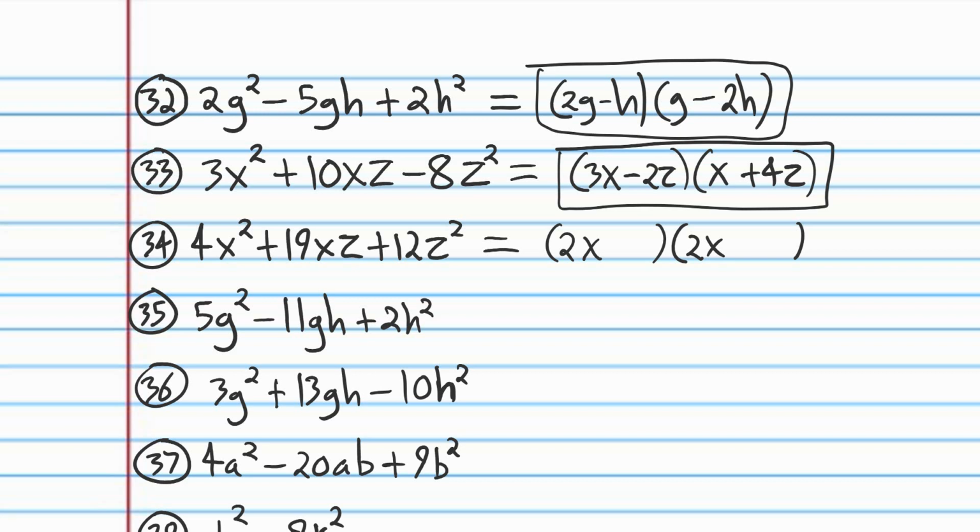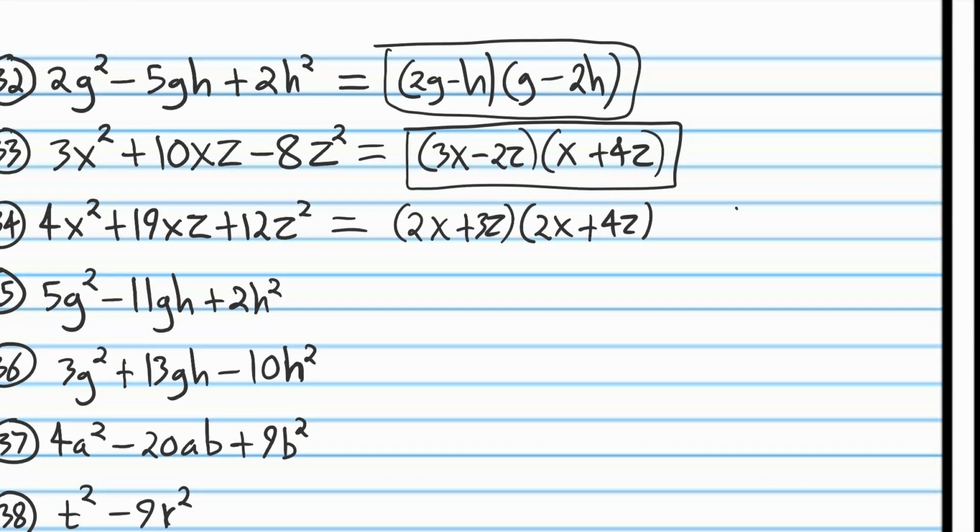So you're going to come across that situation also. So I'm going to try the 2x's. And here we have a lot of options. This is a nasty problem, because we can try 3z and 4z, but we can also try 2z and 6z. And we can also try 12z and 1z. But I'm going to try these, and hopefully this works. So multiply the outside terms, you get 8xz. Multiply the inside terms, and you get 6xz.